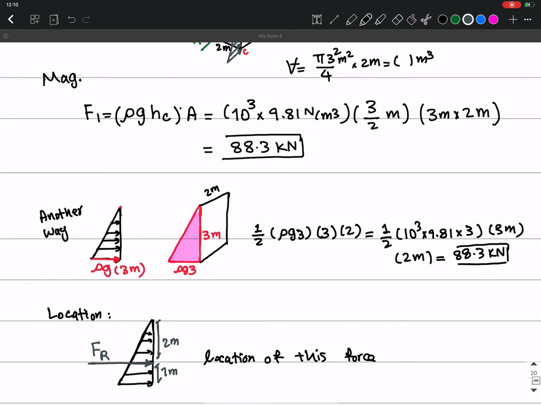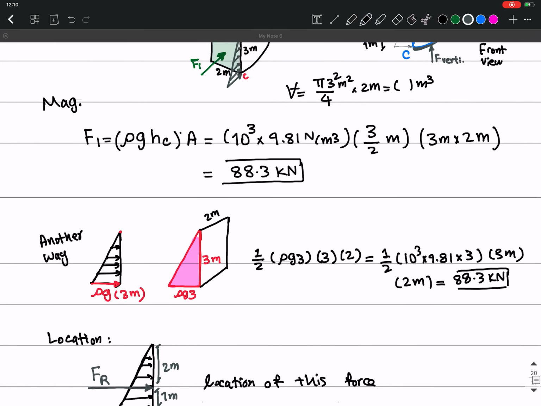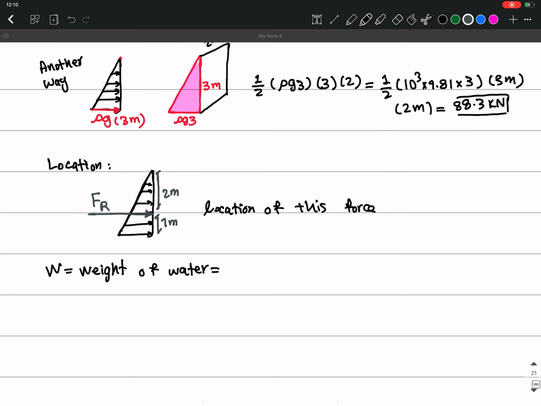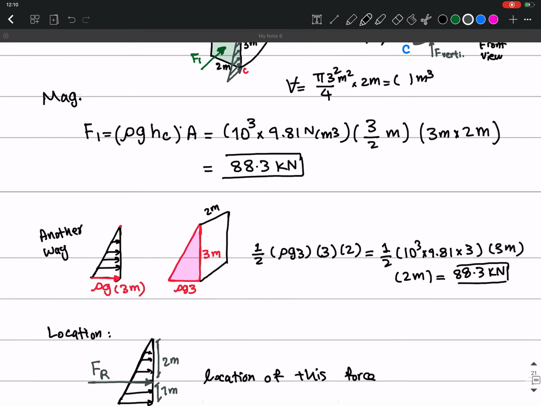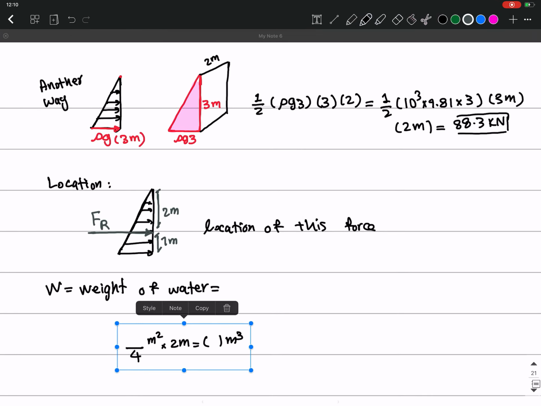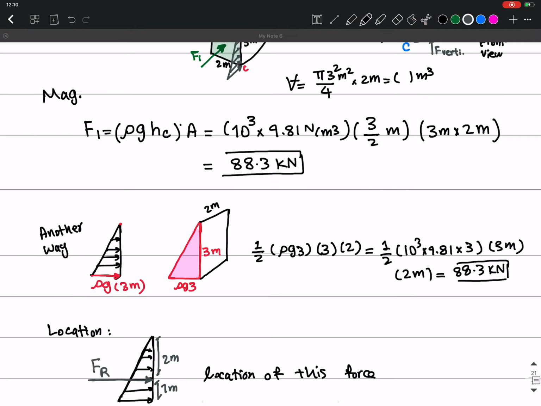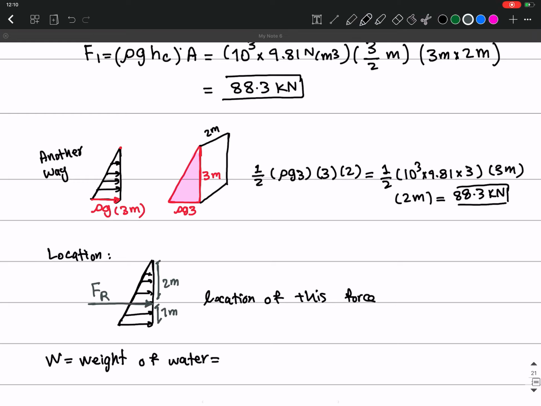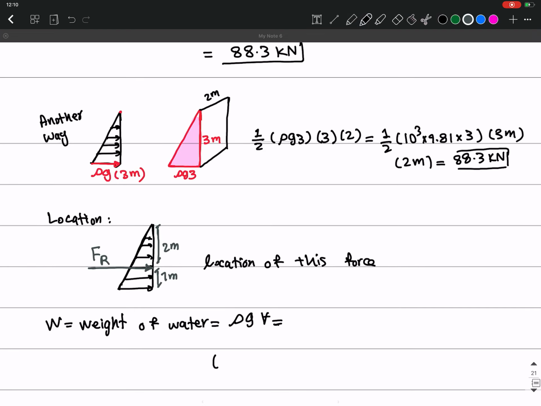So let me just write it down here. We have, let me copy it. So we have it here. It's gonna be rho g V, which equals to, what is rho and g and V? So rho of water is 10 to the 3.